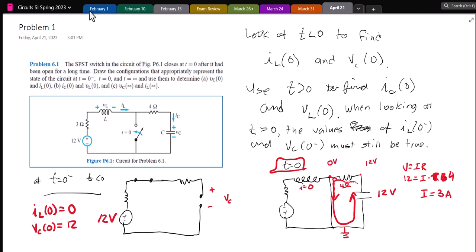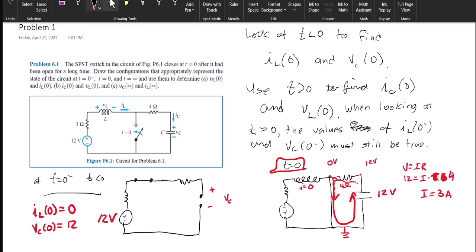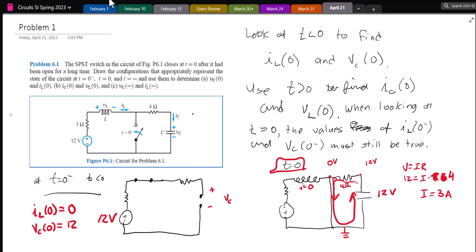That is the same as the current through the capacitor, but I want to look at how it's labeled in the picture, what it asked me to find. It labeled IC going this way, and we know that the current's really going up. So the answer to what IC of 0 is, negative 3. Negative 3 amps.